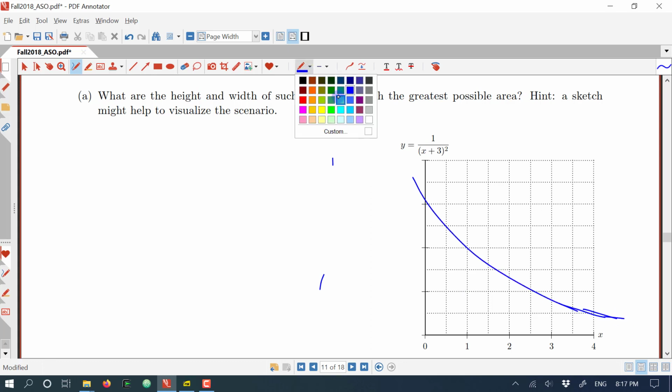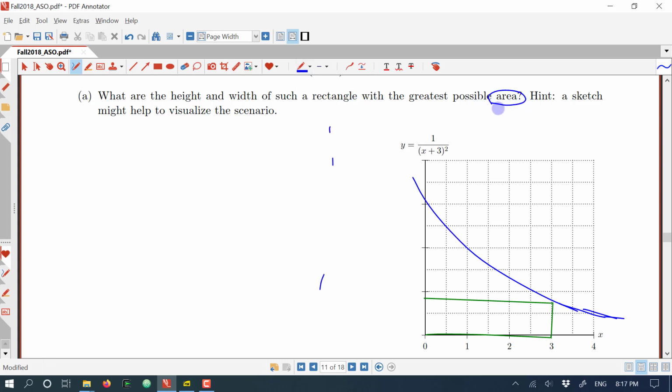The main idea is that we can think about how we would represent one sample rectangle like that, or another rectangle, maybe out to 3. We're going to get different dimensions for those rectangles. Our goal is to find the dimensions of such a rectangle that has the largest possible area.